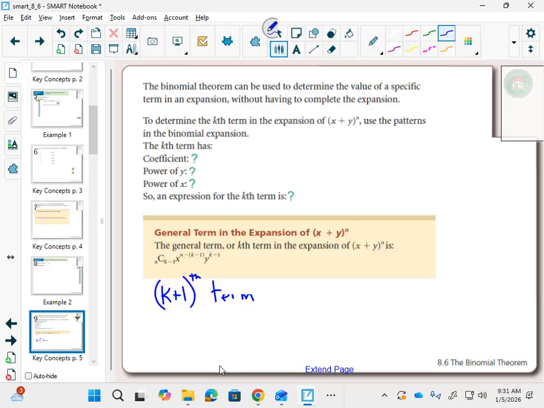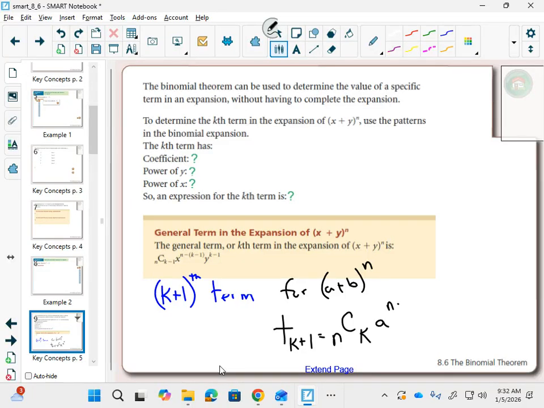So again, on your formula sheet, they have for a plus b to the n, term k plus 1 is n choose. And the reason the formula sheet does k plus 1 is it just makes the formula actually a little bit nicer. So by doing k plus 1 here, this is just a k instead of a k minus 1.